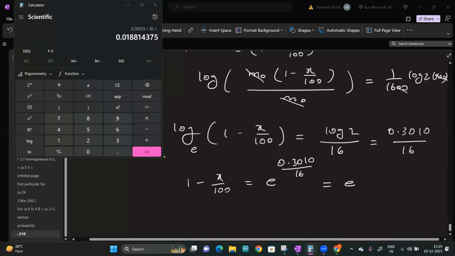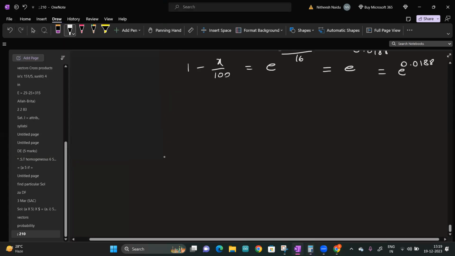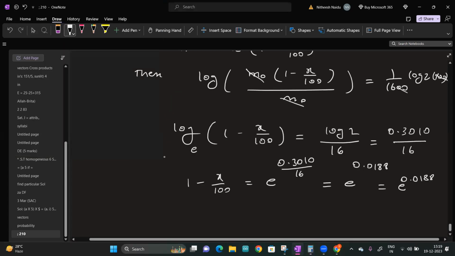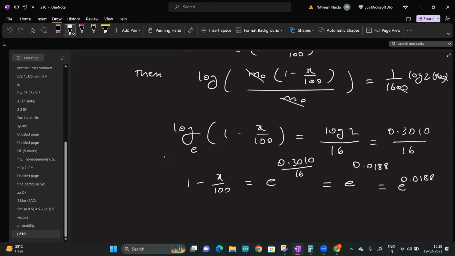It will be 0.0188. Now e power 0.0188 is how much?